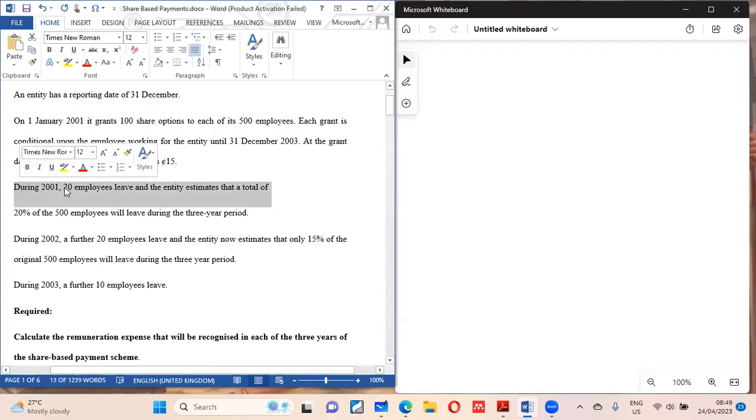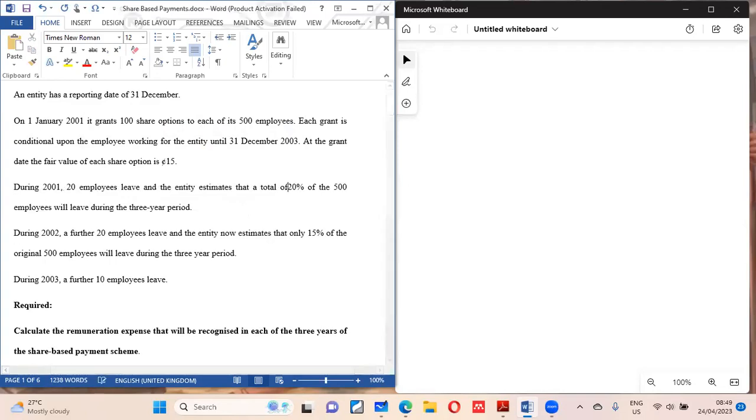During 2001, 20 employees leave, and therefore the entity estimates that a total of 20% of the 500 employees will leave during the 3-year period.